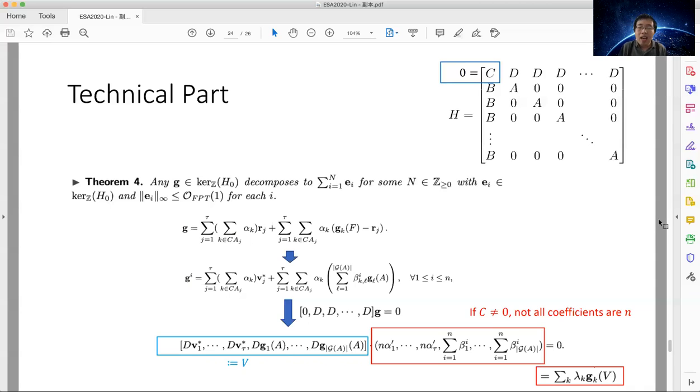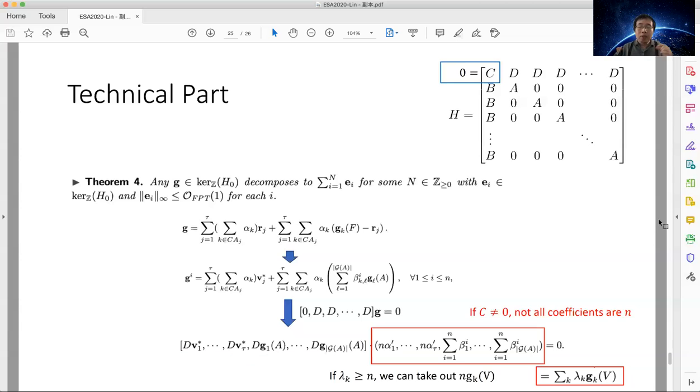and so this has finite infinity norm. Here the critical part I want to point out is that if C is 0, then you have the very nice thing where the first few entries are all multiples of n, which is nice. But if C is no longer 0, you lose such a property. And why can a multiple of n help?